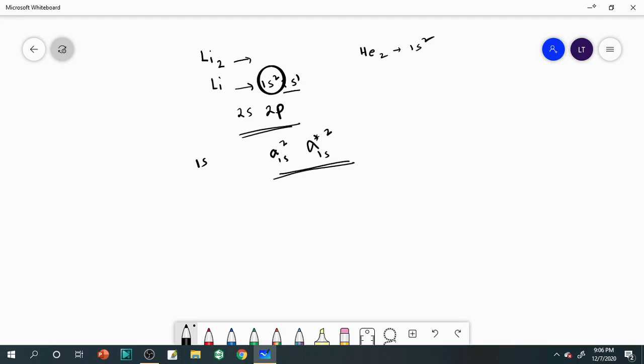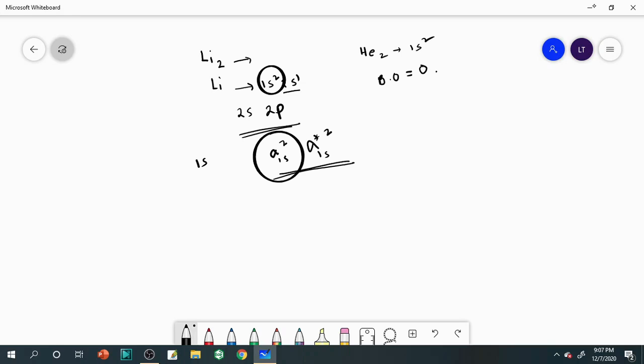So in the bonding molecular orbital there will be 2 electrons, and in the antibonding molecular orbital there will be the same number of electrons, that is 2. So the numbers of electrons in the bonding and antibonding molecular orbitals are the same, and that is why the bond order will be 0.